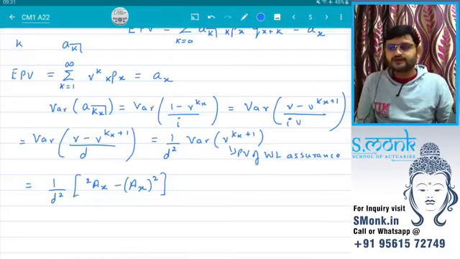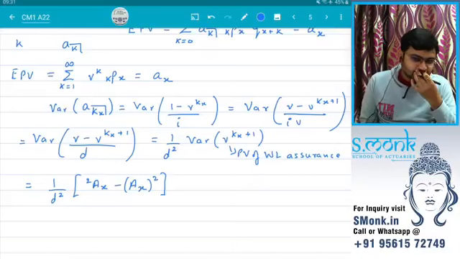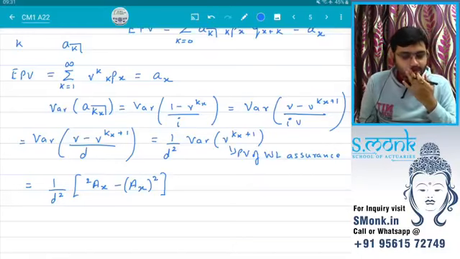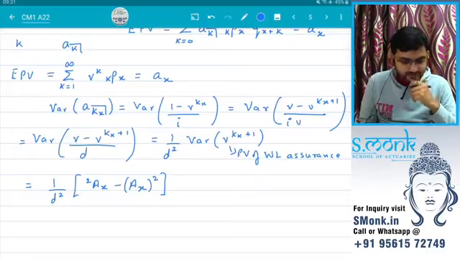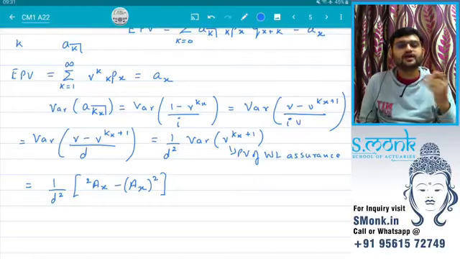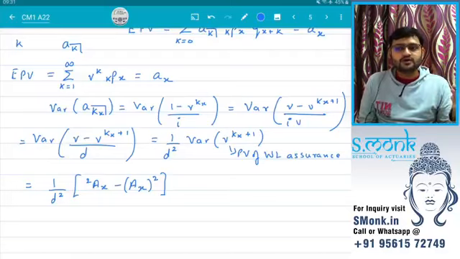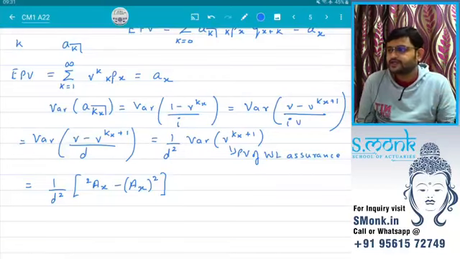Why is the variance the same? Because variance comes due to the uncertainty of the payments, right? The uncertainty comes because of the uncertainty in terms of mortality. We don't know when a person might die. So that is the uncertainty in this case, and that is why we have variance here.